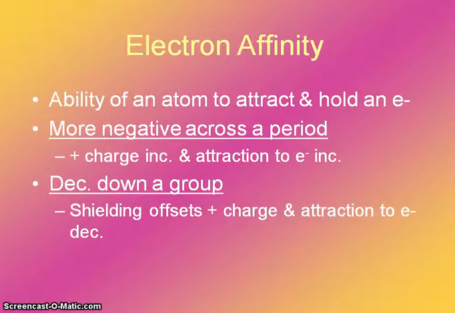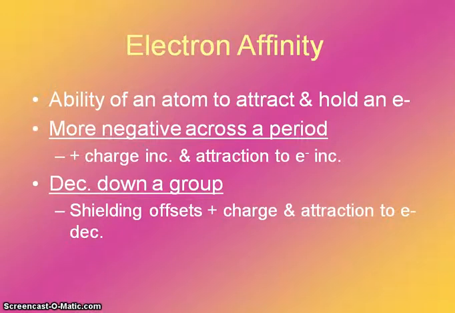Electron affinity is going to be the ability of an atom to attract and hold an electron. So as opposed to the ionization energy where you're trying to get rid of an electron, electron affinity is that you're trying to hold it towards yourself. And what happens here is that you are going to increase across a period, just like the ionization energy, only we say with this that it becomes more negative because you're holding more electrons, and those electrons have negative charges to them.